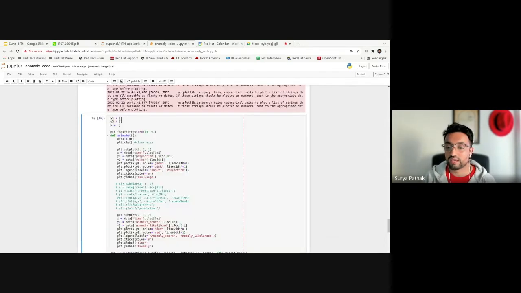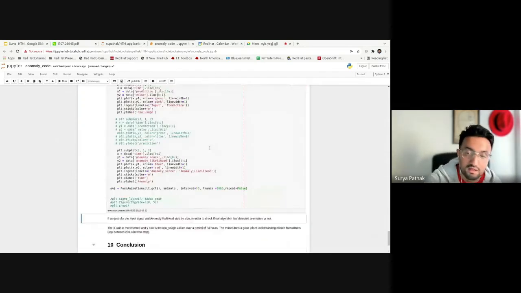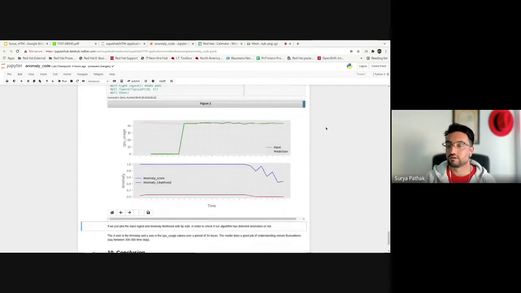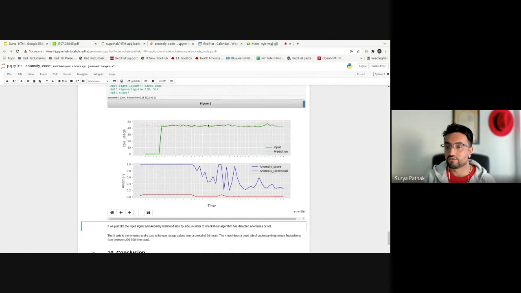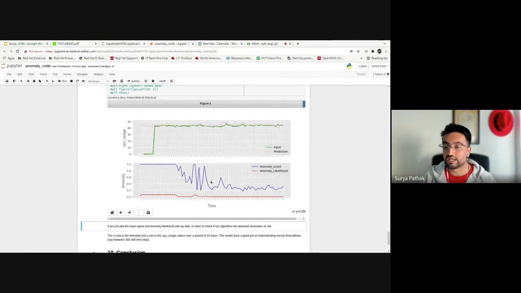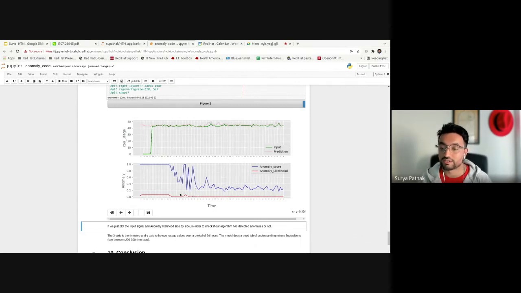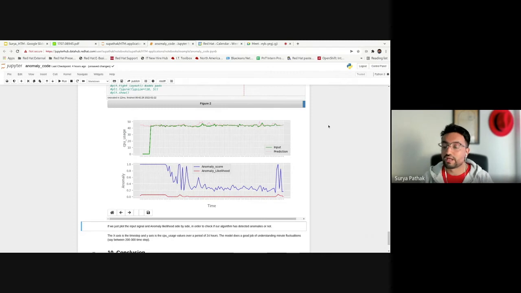If we do the real-time analysis, we do see the changing of signals. The input signal given in green goes along, and the corresponding anomaly score is calculated, and the anomaly likelihood is again calculated accordingly. So this is how we do the real-time analysis of anomaly detection.